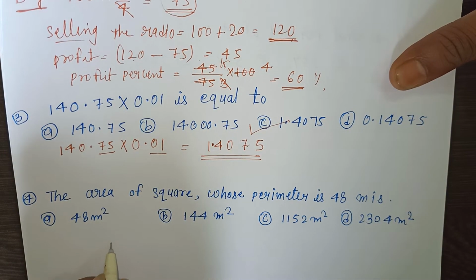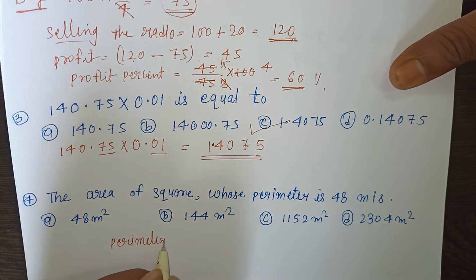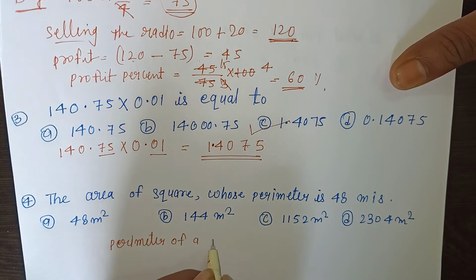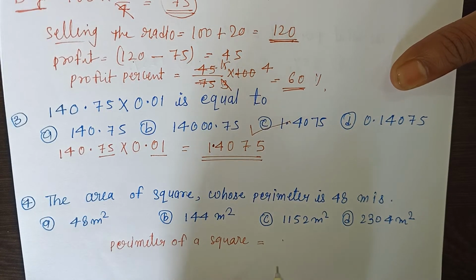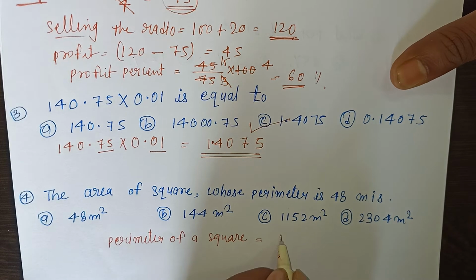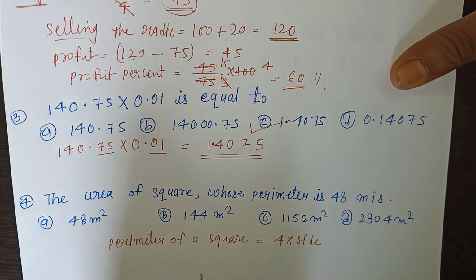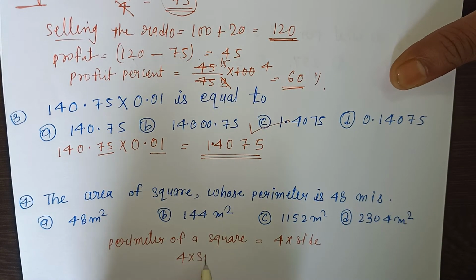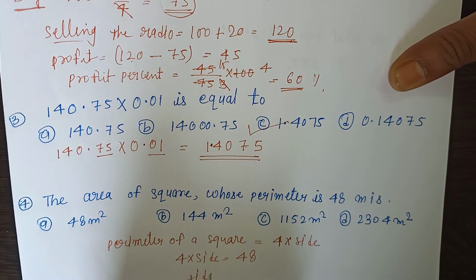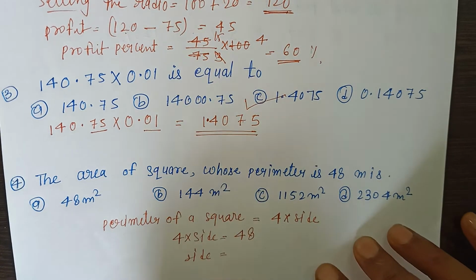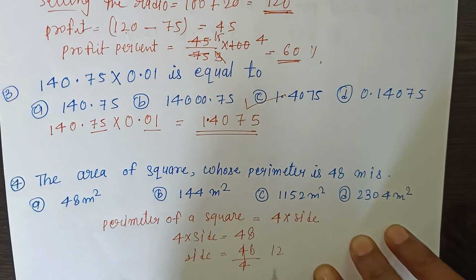We know that perimeter of a square is 4 into side, then 4 into side is equal to the given 48, then side is equal to 48 divided by 4, that is 12.